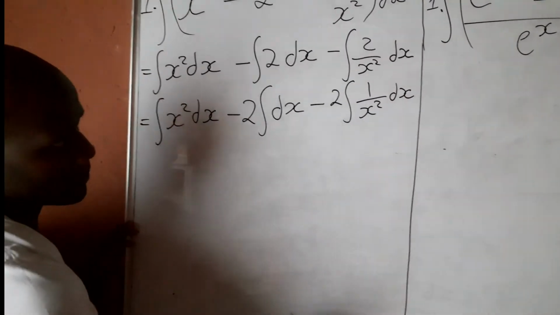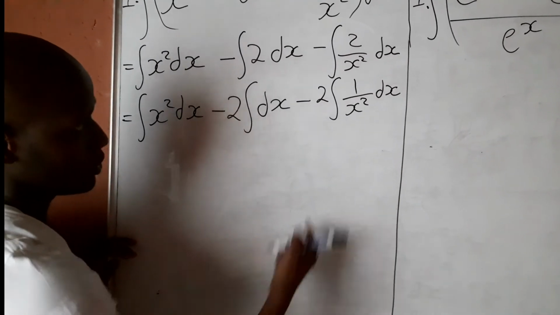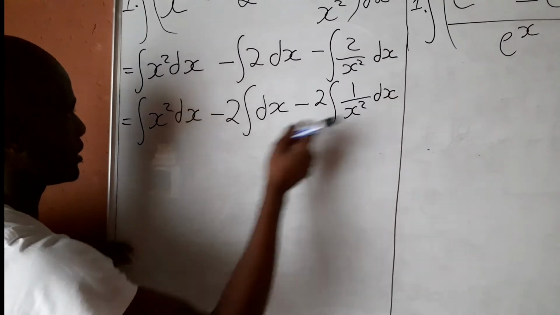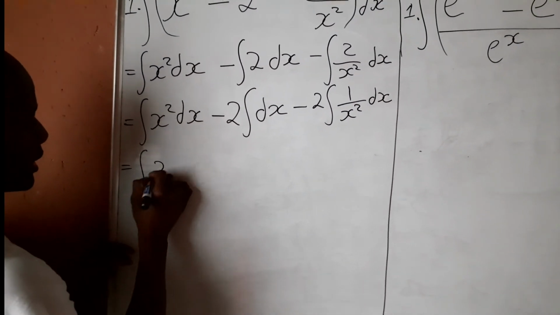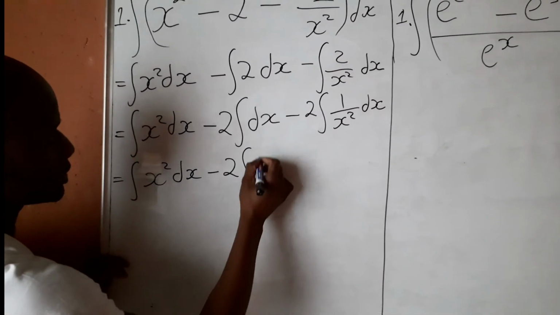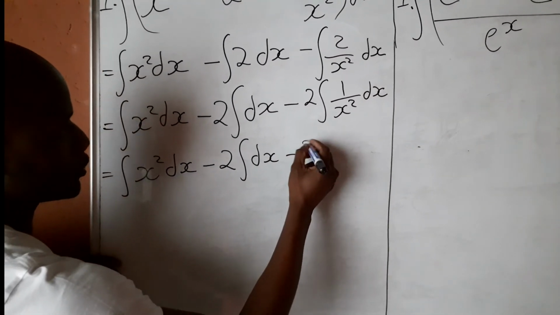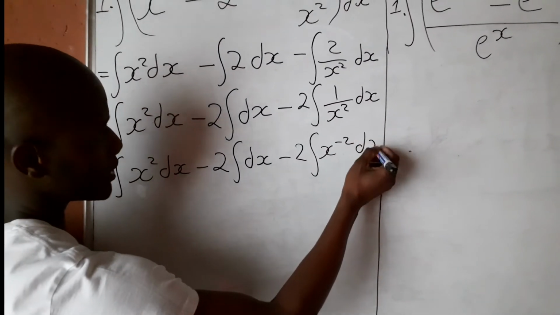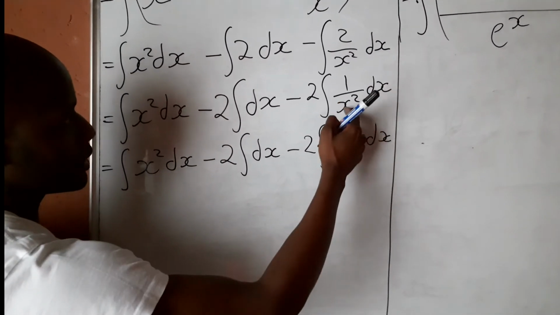So remember guys, we're going to change this using laws of exponents. So it's going to be integral x squared dx minus 2 integral dx minus 2 integral x to the power negative 2 dx, because it's the same as 1 over x squared.